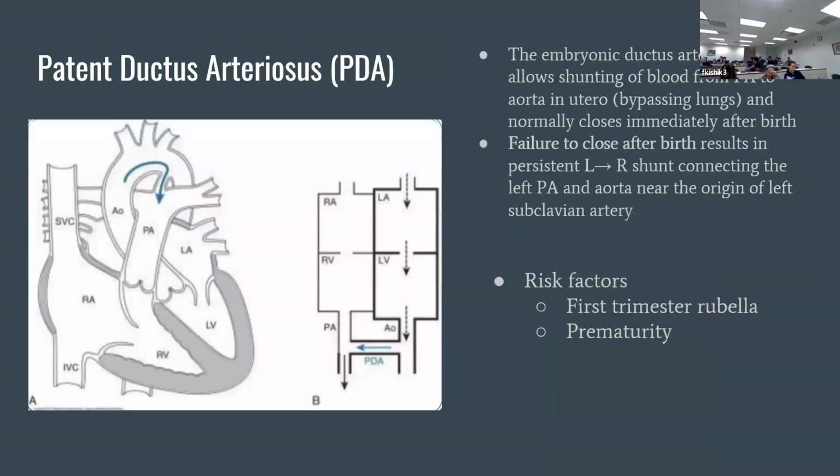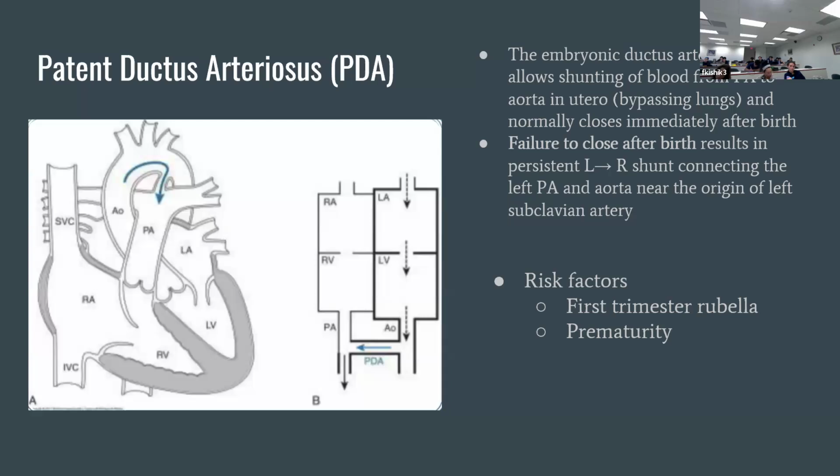This question. So PDA, this is normal in utero, not normal if it stays open when the baby comes out. This is going to also be a left to right shunt, connecting the left pulmonary artery and aorta near the origin of the left subclavian artery.